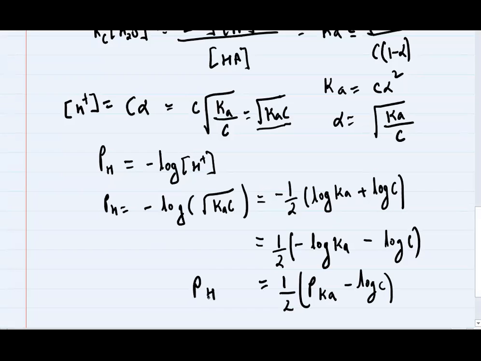So this is pH of what? pH of weak acid, right? For weak monobasic acid, pH is equal to this. Right, everyone?